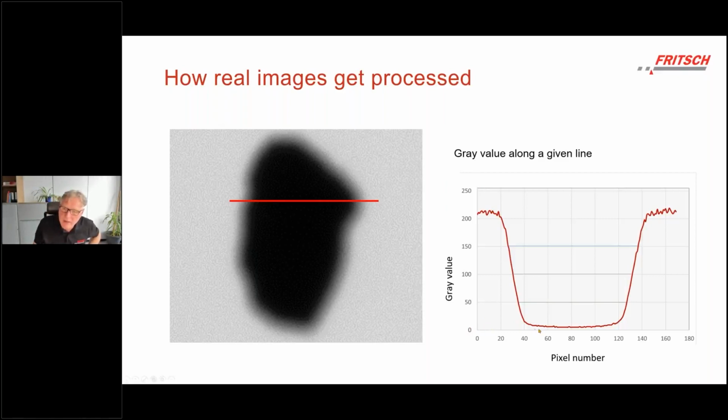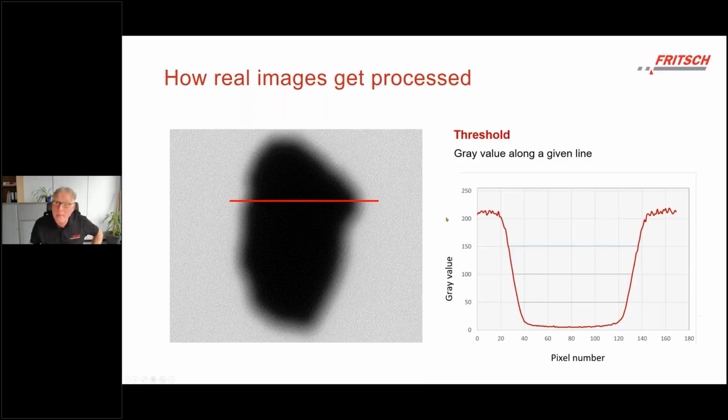So down here, this is dark. Up here, this is bright, gray or nearly white. As you see, there is some kind of transition from white to black here. And now the question is, where do I place the corner of my particle? This is what you then call a threshold.